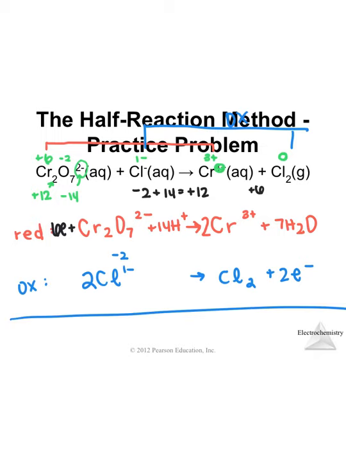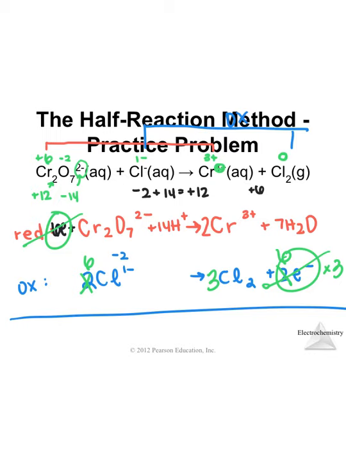So now I am going to add those together, but I first need my electrons to be equal. So I can turn 2 into 6 by multiplying by 3. So that's going to become 6. This is going to become a 3. And this one is going to become 6 as well. My electrons cancel. And it looks like everything else is brought down.